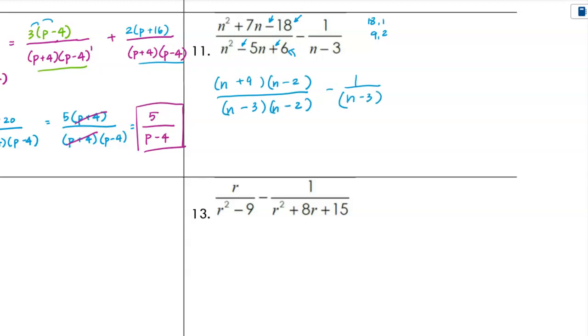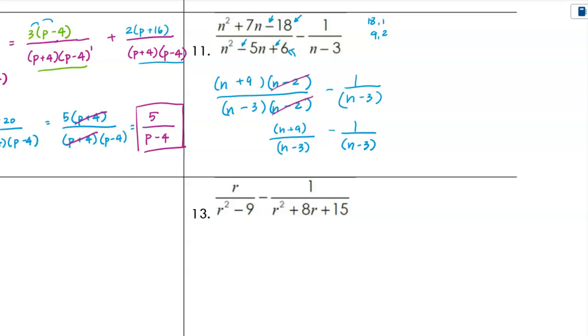Before we continue, I kind of messed up last time, and I have to redo this number 11. You can simplify, guys. Why not? Simplify that. Okay, so you have n plus 9 and n minus 3. And look what we have, guys. We already have a common denominator.